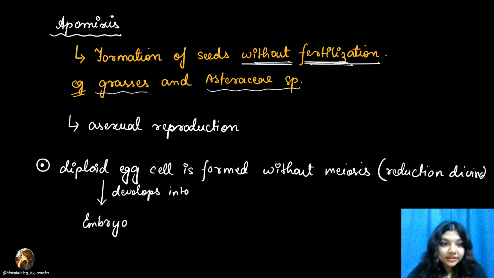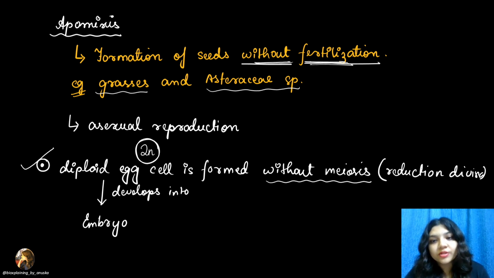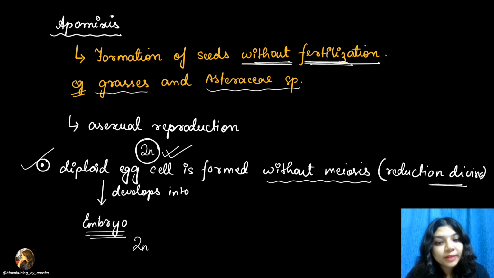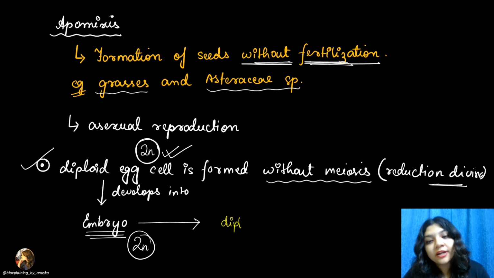Okay, that means in this apomixis, your diploid egg cell, that is 2N, is formed without meiosis. कोई reduction division नहीं हुआ है. So this 2N egg cell develops into the embryo. ये खुद भी 2N है, right? That means the zygote itself is 2N. This will give rise to a diploid individual.